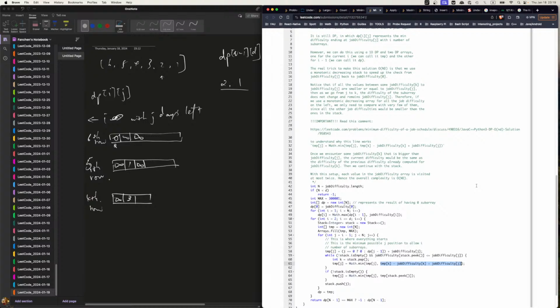The other for I minus 1, we call it dp. The real trick to make solutions is that we use a monotonic decreasing stack to speed up the check from job difficulty J back to, so this one goes backwards, which is fine. Yeah, you can go backwards from current, just go back to a certain point, you find a maximum and you get that.